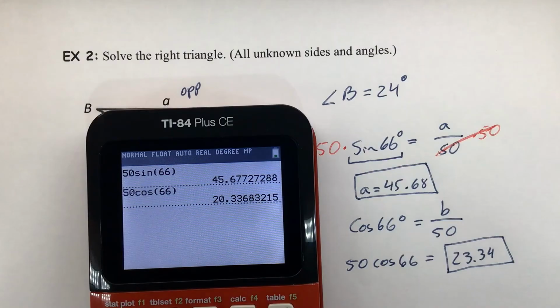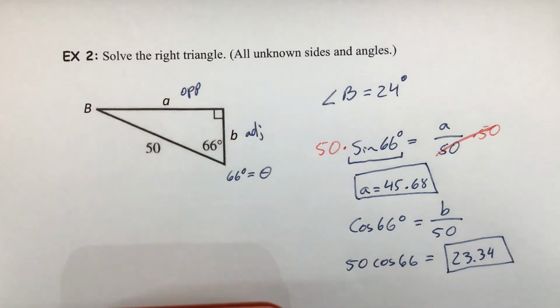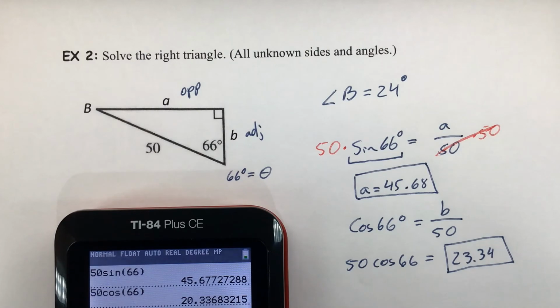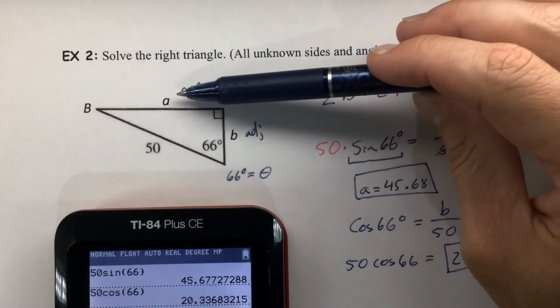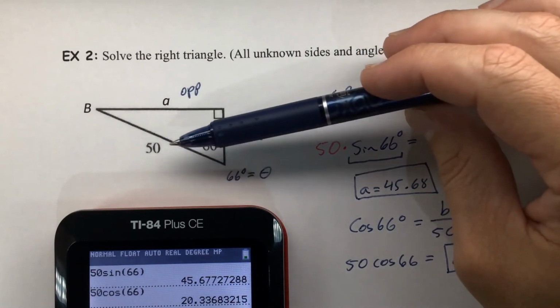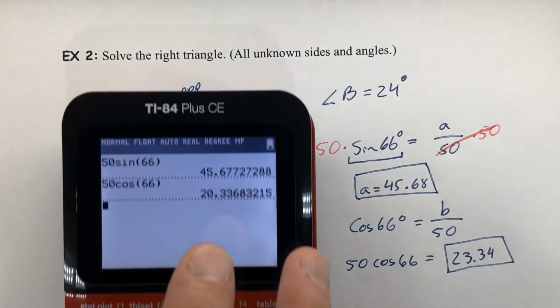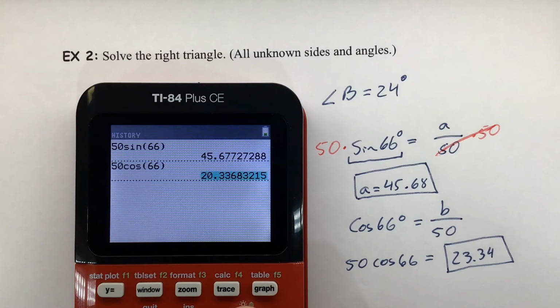And that's your other side. All right, and now, just to verify things here, I'm going to do some Pythagorean theorem. In fact, I'm not even going to round these off. I just decided that here. Okay, so the Pythagorean theorem says a squared plus b squared should equal 50 squared. So I'm actually just going to recall these other answers.